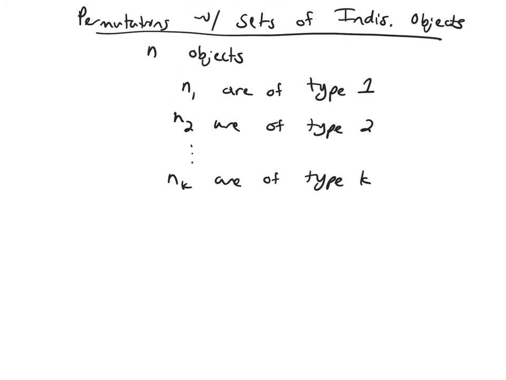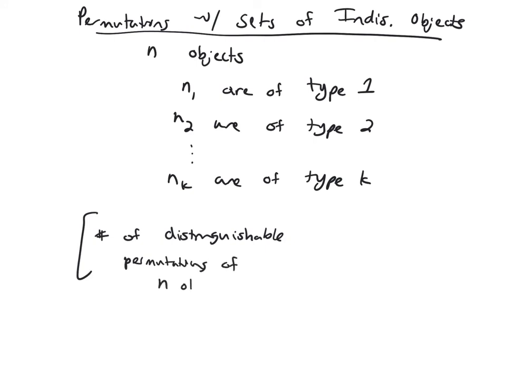Then the number of distinguishable permutations of the n objects is found this way.